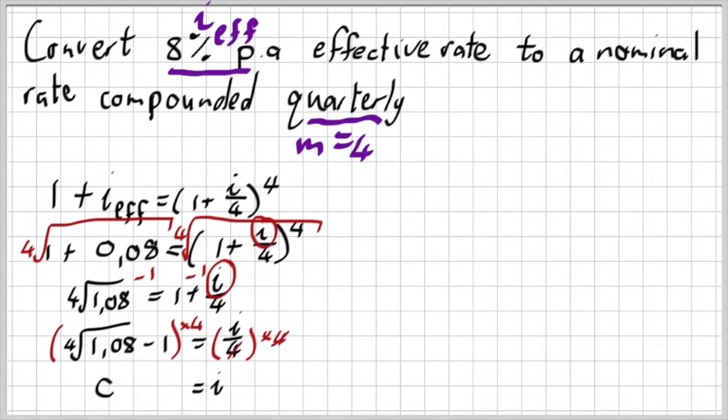Which means my nominal interest rate, humble apologies for that mispronunciation there, is 0.0777, which is 7.77% compounded quarterly.